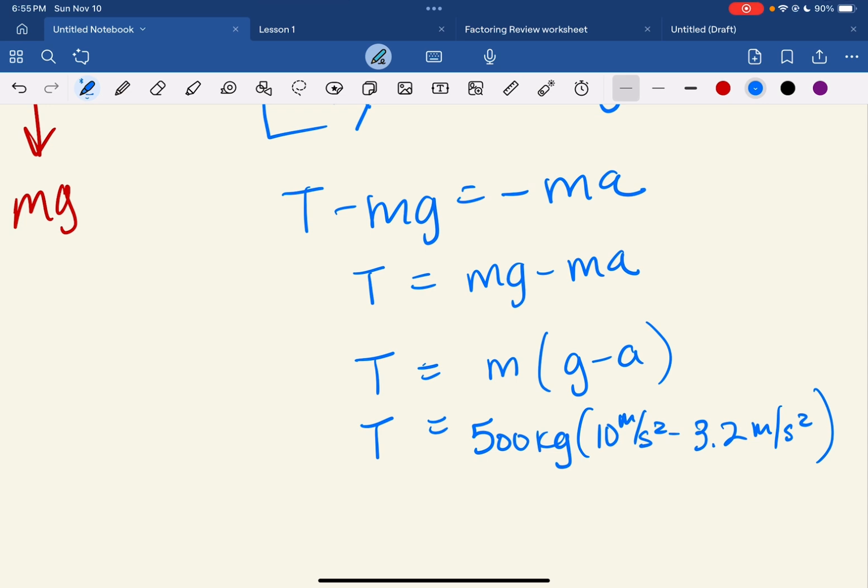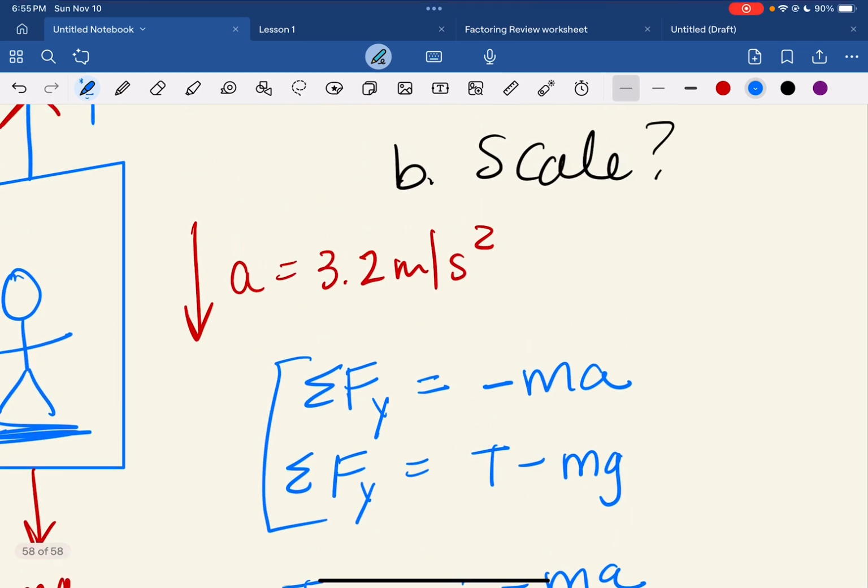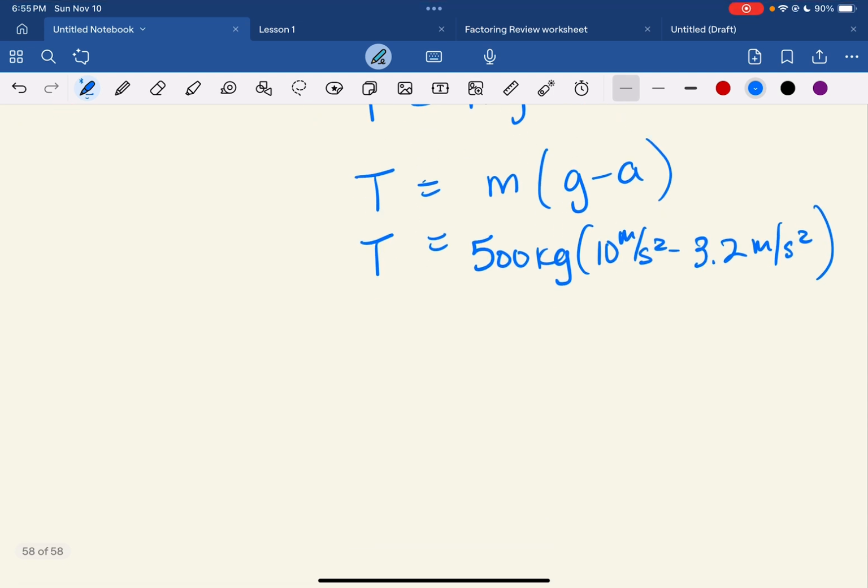That should give me 6.8, I believe. So 10 minus 3.2 gives me 6.8. And if I take that 6.8 and multiply it by 500, I get a tension of 3,400 newtons.